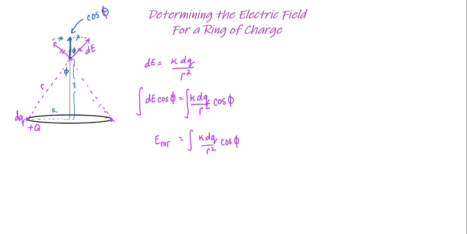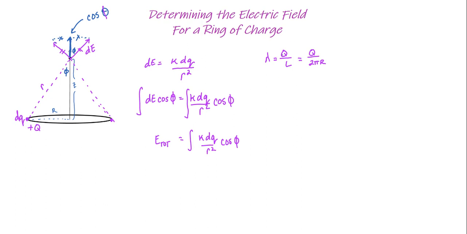Because this is a line of charge that's just bent into a circle, I'm going to say that the linear charge density is equal to the total charge divided by the total length of that ring, which would be essentially Q over 2 pi uppercase R in this case.